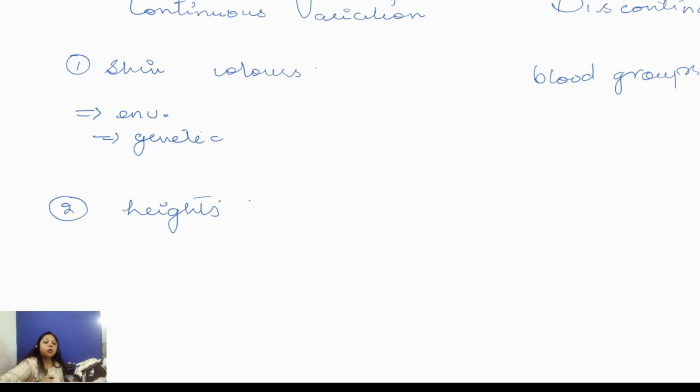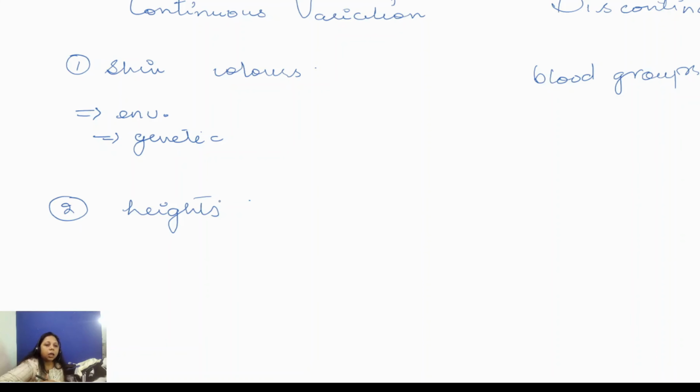No, it's not about change, it's about can you differentiate between their varieties. So it's not easy to differentiate between heights, it's not easy to differentiate between skin colors.